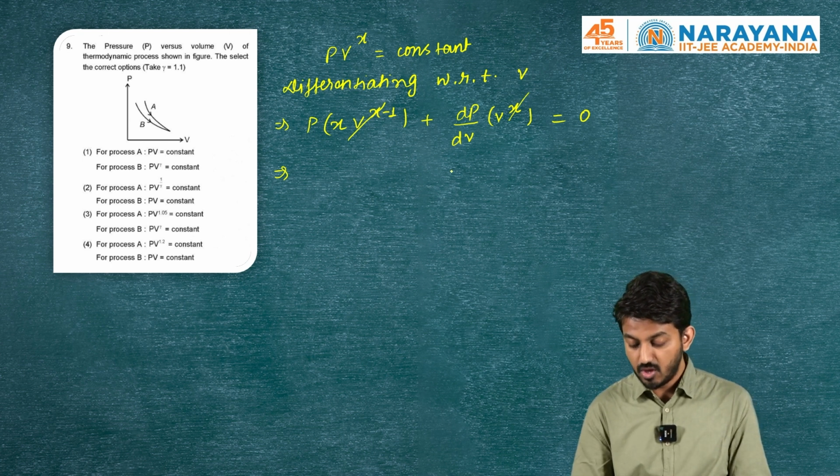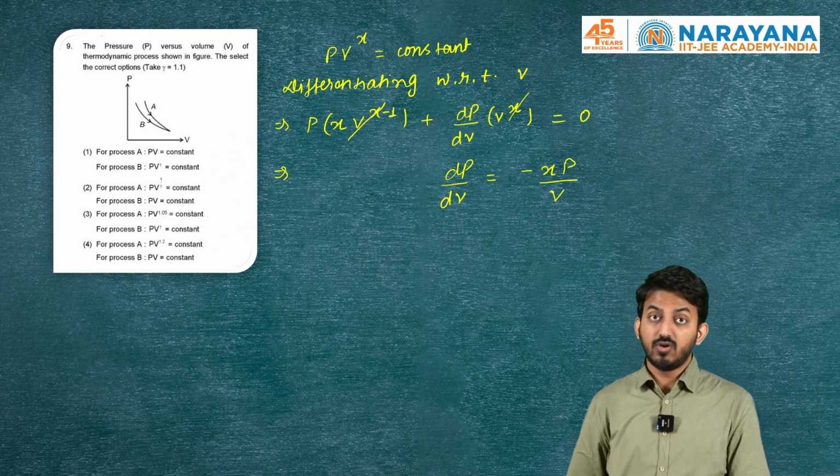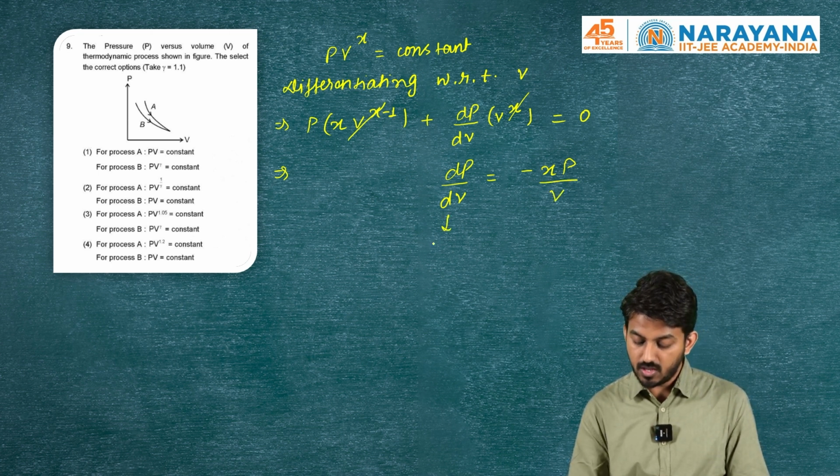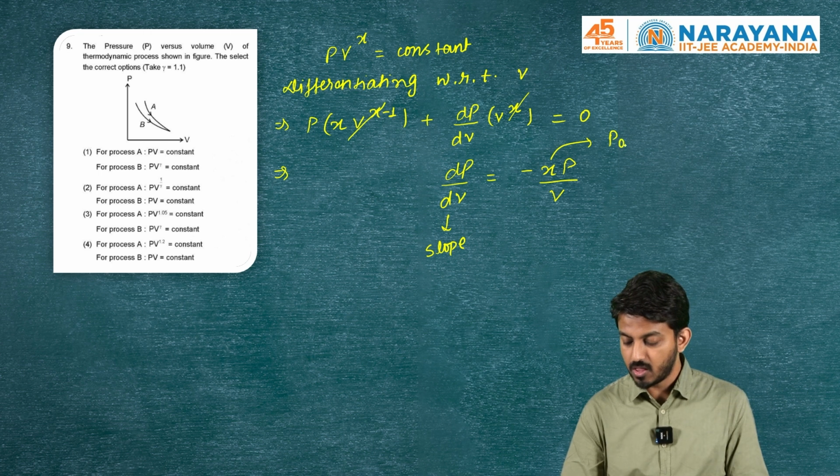So from there we get dp by dv is equal to minus of x times p over v. Now if you look at this, this here is the slope and this here is polytropic coefficient.